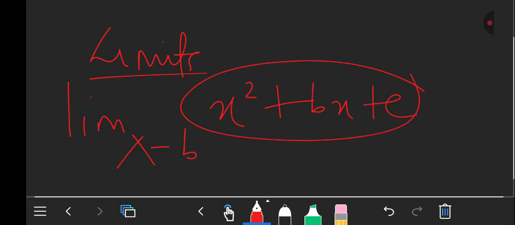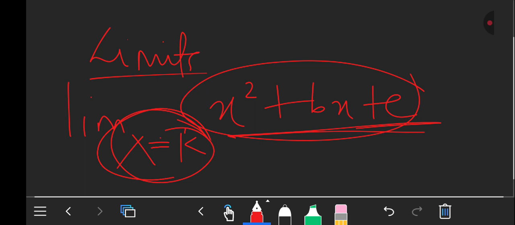So what it simply means is that once you substitute this subscript, which is, let's say, x is equal to b, I'm not talking about this b, let me use a different letter, maybe k. So what it simply means is that once you substitute this subscript in this function you've been given, that's when you can be able to evaluate the limit.